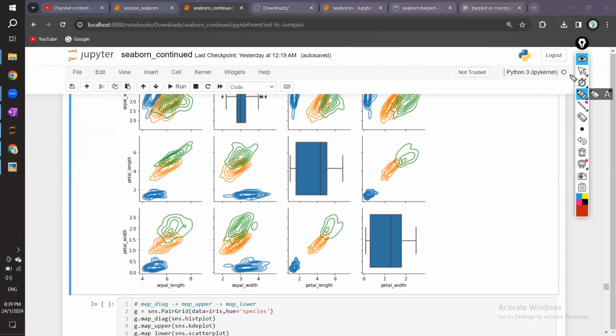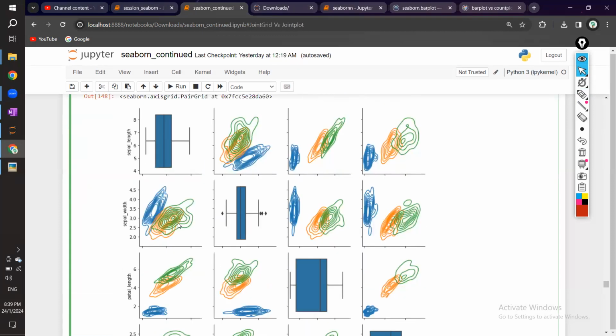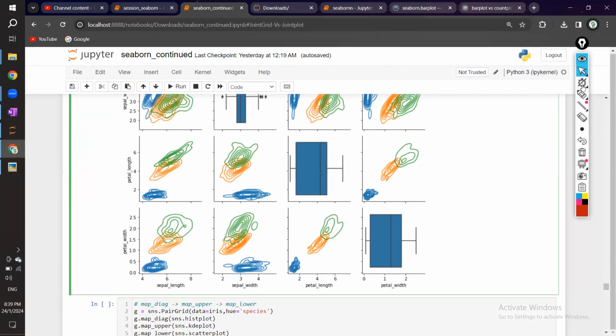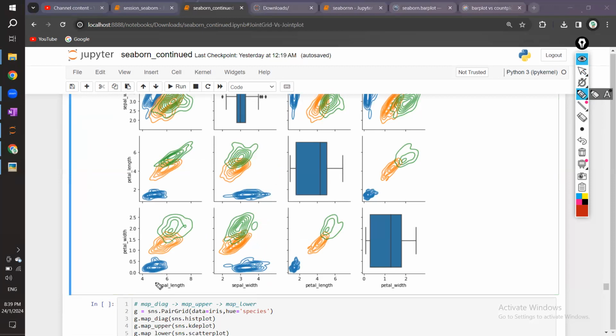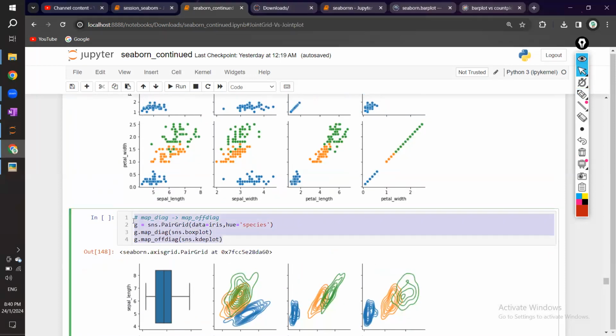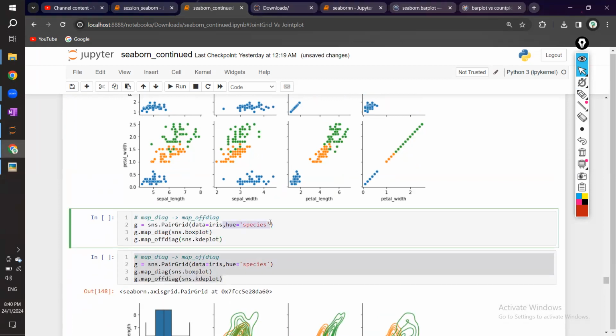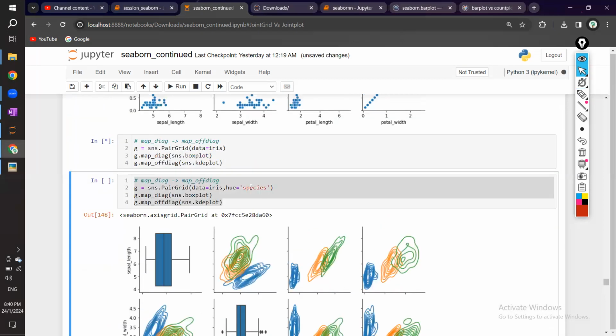And since we have specified the hue parameter, it is also segregating. It has three graphs for each of the species: Setosa, Virginica, Versicolor. So this blue is for petal width and sepal length for Setosa, and like that. I hope you understand. When you don't specify hue, I'll also show you that. The graph will be similar but without any color coding.